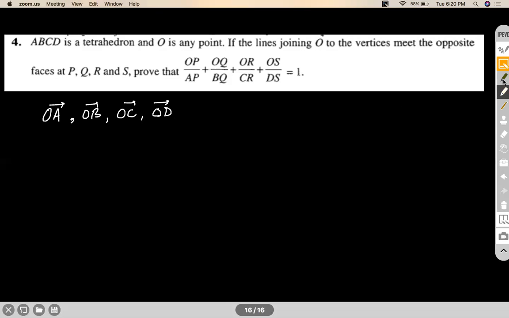See, clearly these four are going to be linearly dependent, right? What did I tell you? 4 vectors, or more than 3 vectors, will always be linearly dependent. Correct?